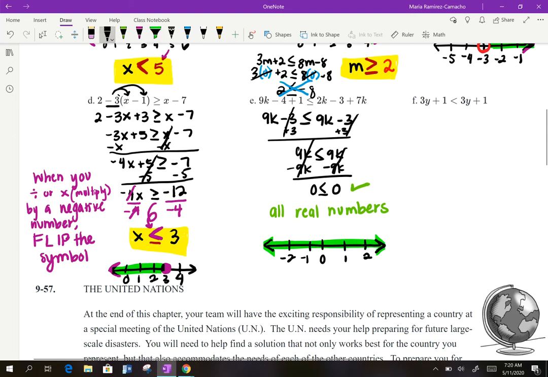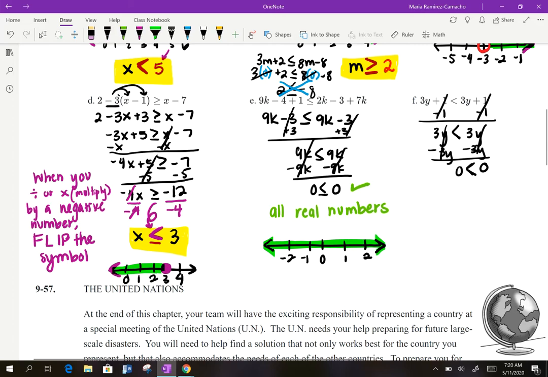All right, now let's do part F. Here for part F, we get 0 is less than 0. Because we don't have the or equal to part, we're missing this part. 0 cannot be less than 0.